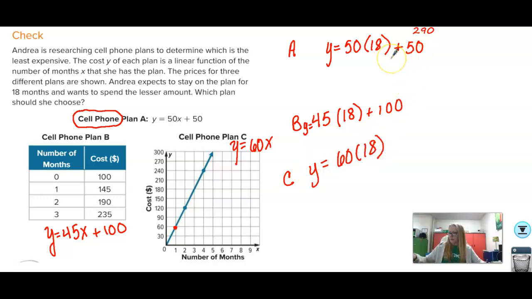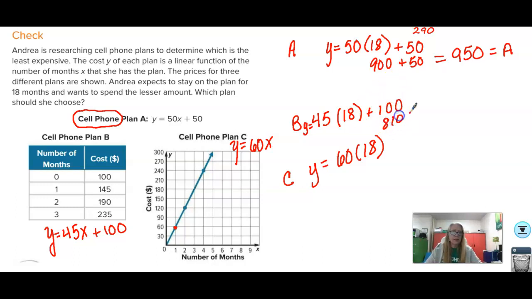Okay, so 50 times 18 months, gonna need the calculator. 50 times 18 is 900. And 900 plus 50 is 950 for company A. All right, this one we have 45 times 18 is 810.